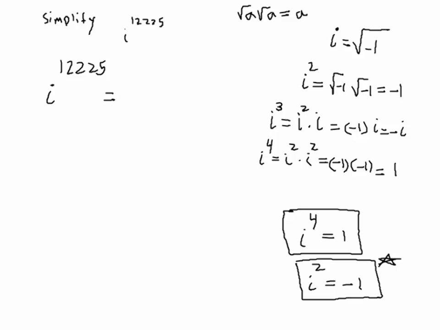The reason I use 4 is because i to the power of 4 is equal to 1. Some people divide by 2, but to avoid the negative number here, remember to divide by 4. I think 4 is easier. So if I divide 4 into that, you can use your calculator if you want to even.